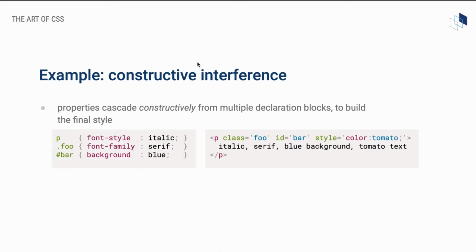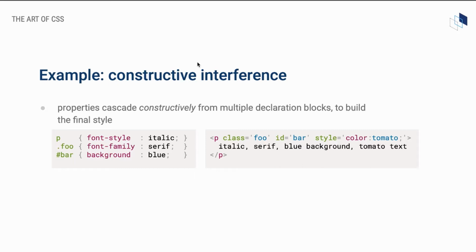The thing with the cascade is interference. We could end up with a scenario where the properties cascade constructively from multiple declaration blocks. For example, on the left, we have a paragraph, which is specificity level 1, specifying a particular font style.